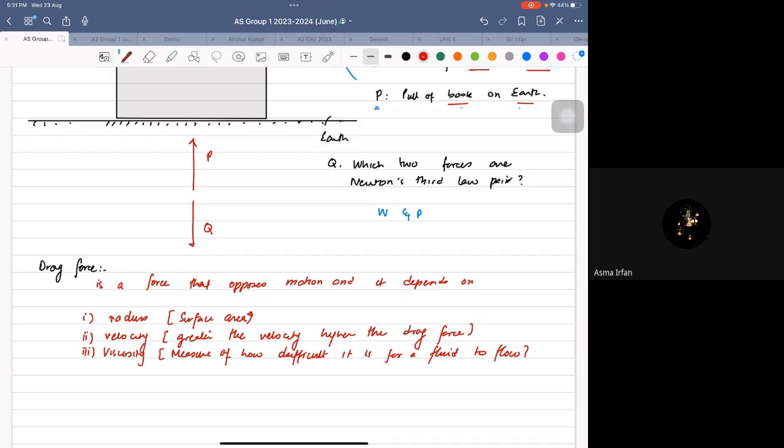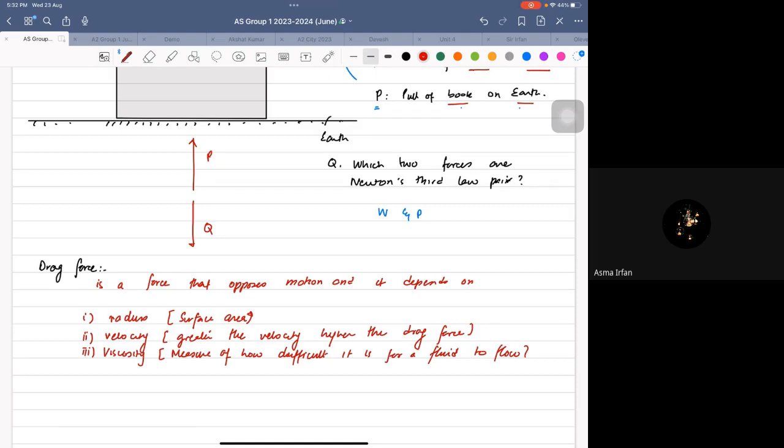Air is a fluid, and air resistance is the term given to drag force when you're moving through air. All these things connect: when you have a larger surface area, air resistance is more, and with greater velocity, air resistance is more. And the viscosity coefficient means that now in A levels, we will be looking at different fluids. If you move through water, it would be harder than moving through air. If you move through honey, it will be even harder because the viscosity is higher.